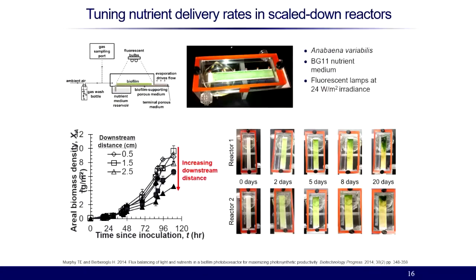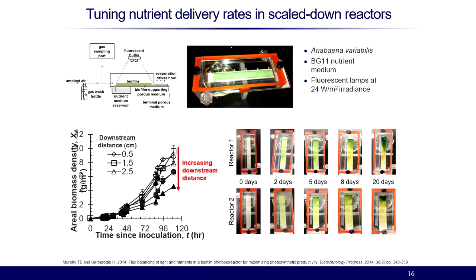Okay, so this is kind of getting into the details of how we design these systems. At the top left here, our goal with these experiments was to figure out at what rate you want to passively pump or move nutrient media through this system, and that's governed by the evaporation rate from this terminal region.